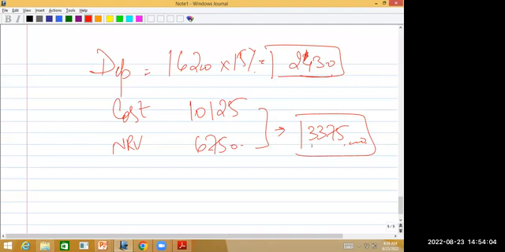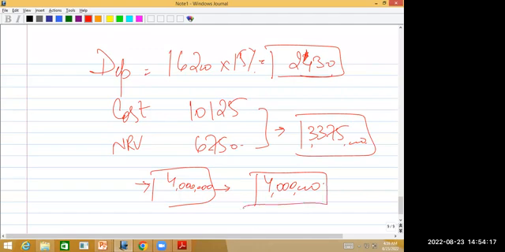Or alternatively the company can make a penalty payment of 4 million. So which option is more feasible for the company? Paying a penalty of 4 million or going for the loss of 3375?